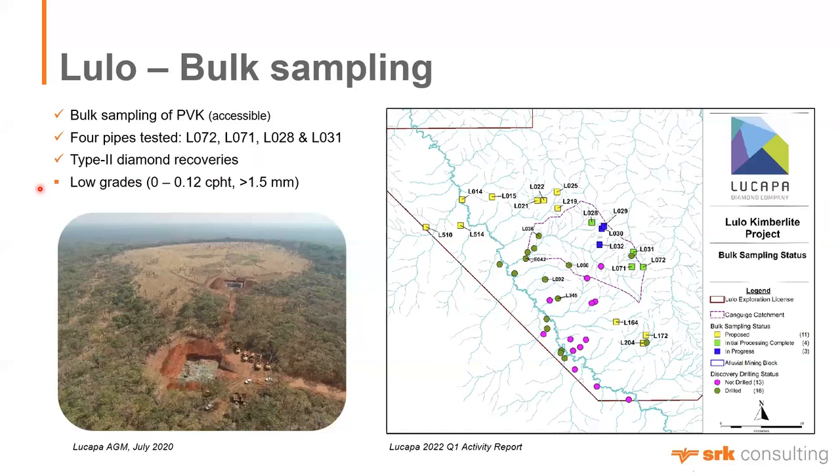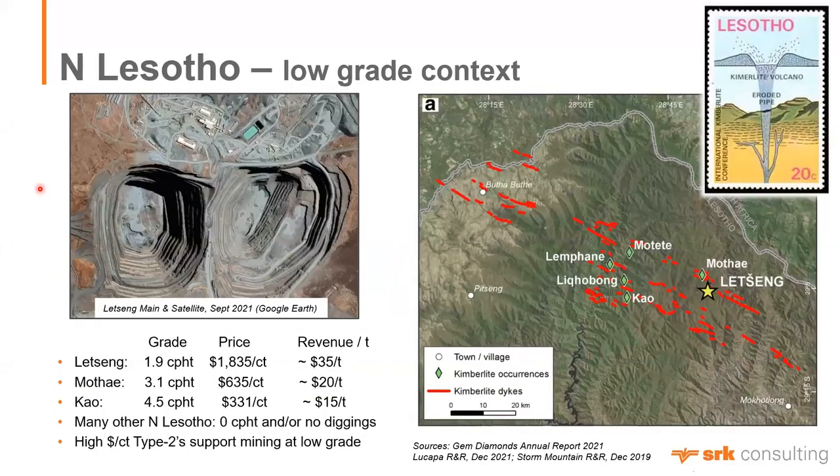I just want to give some low-grade context here, and the low-grade context comes from northern Lesotho, where we know that you can develop very large open pits, because this is a Google Earth image of the Letseng main and satellite pipes, where a grade of less than 2 carats per 100 tons at a very high price point gives you a revenue of $35 a ton.